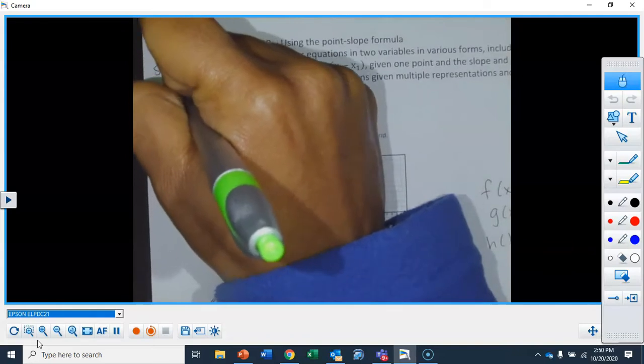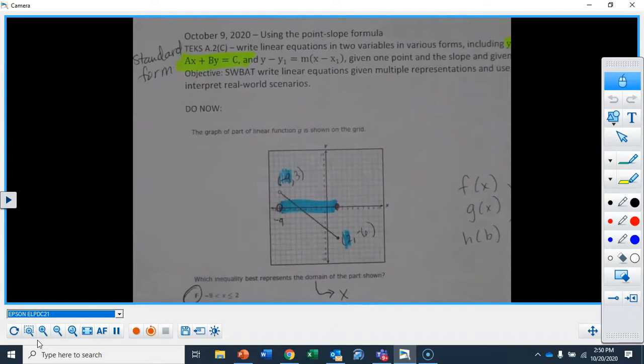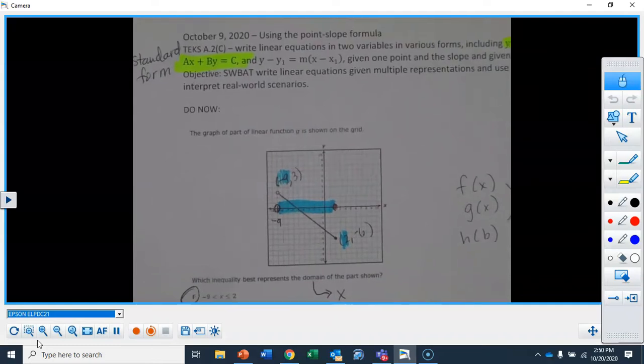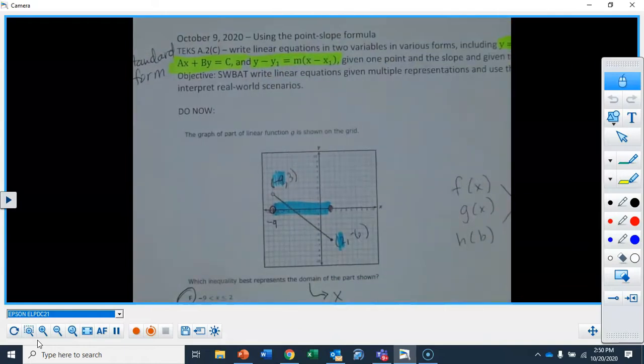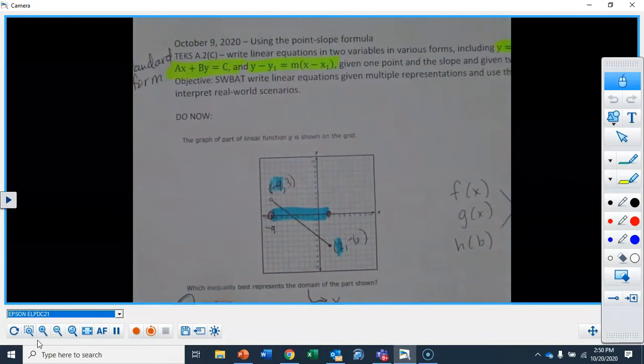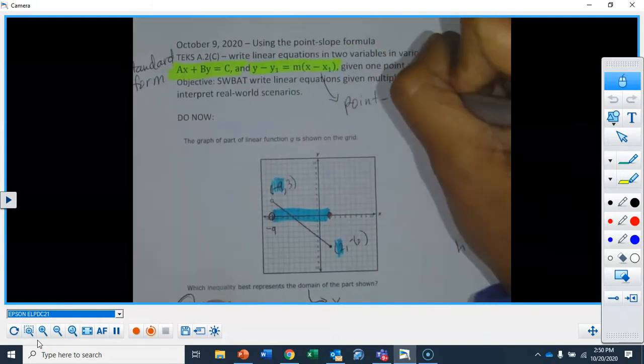Okay? We're going to do more practice of this for sure. And the last way that they want you to put a linear equation is in point slope. So this one right here is in point slope form.